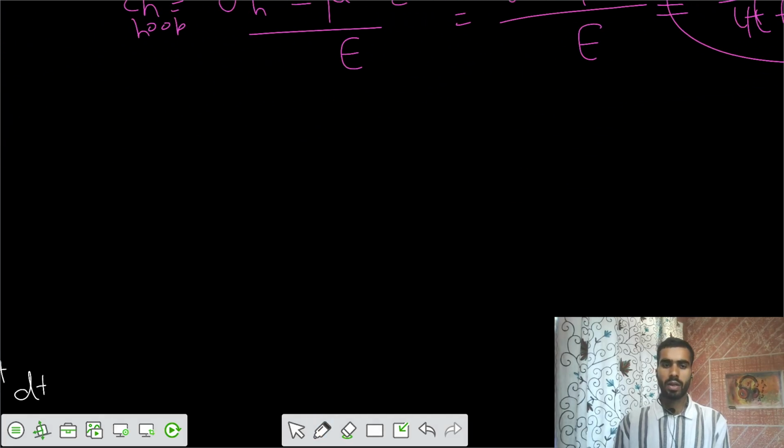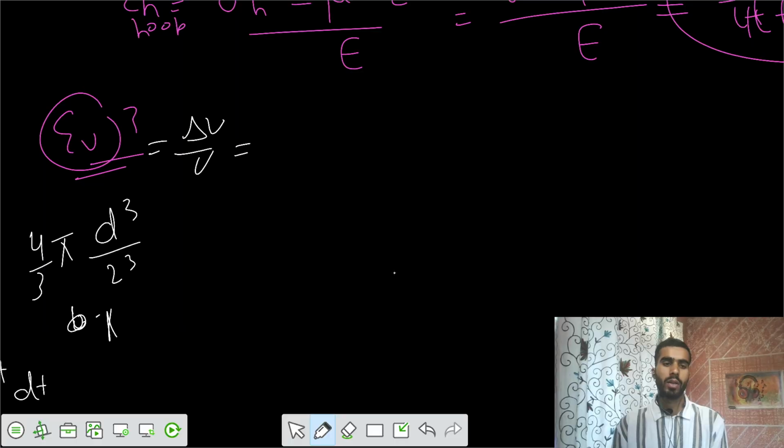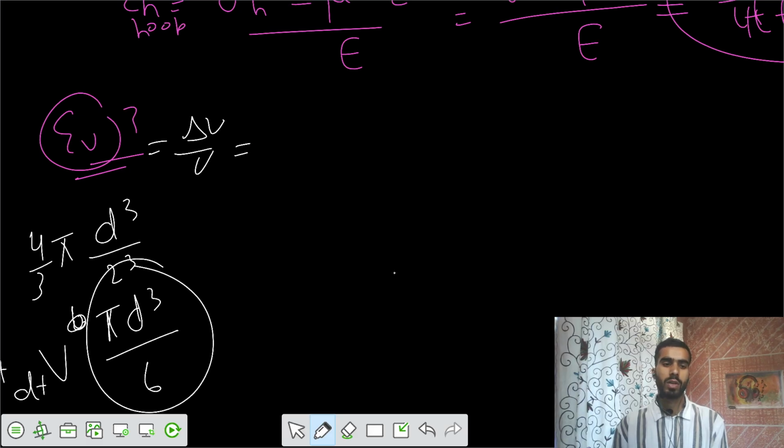Then you can also calculate volumetric strain, which is the change in volume divided by the original volume. The initial volume is 4 by 3 pi r cube, which we can write as pi d cube by 6. This is your initial volume.